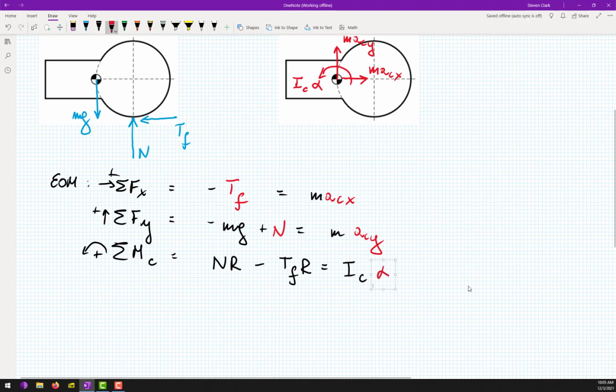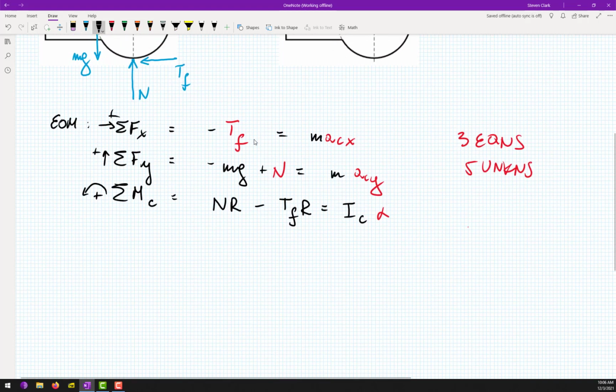So we have 3 equations and 5 unknowns. Not good. So what did we do last time to find more equations? We ran acceleration analysis on our body. So let's do it. Let's introduce more equations via running acceleration analysis.